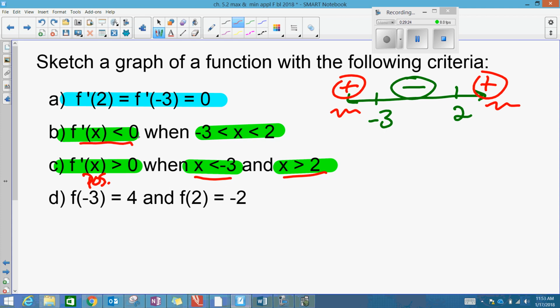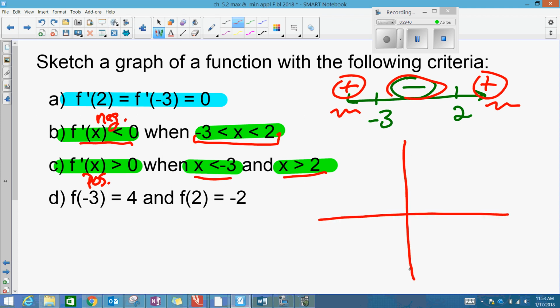f prime of x less than 0, again, means negative or decreasing, and this notation, which we've seen several times, means greater than negative 3 and less than 2, which means in between. Okay, so now we know our graph. We're going to have x equals negative 3 and x equals positive 2.